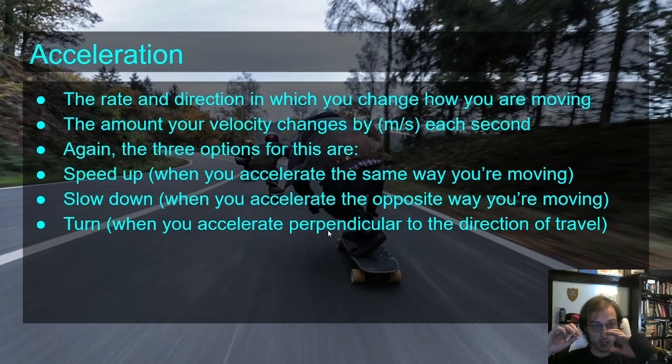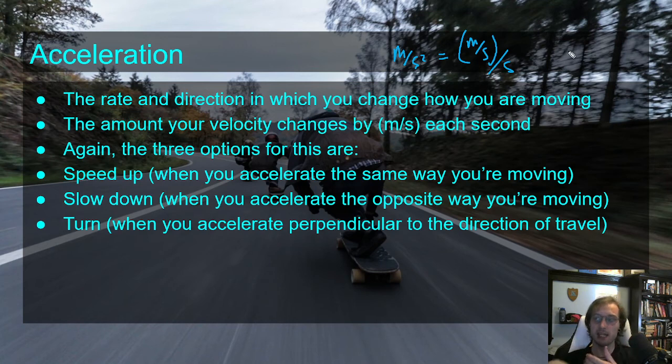So definitionally, acceleration is the rate and direction in which you change how you're moving. Another way to say that is the amount by which you change your velocity, meters per second, each second. The units for that are going to be meters per second squared. The reason this is hopefully fairly intuitive is that it's meters per second each second.